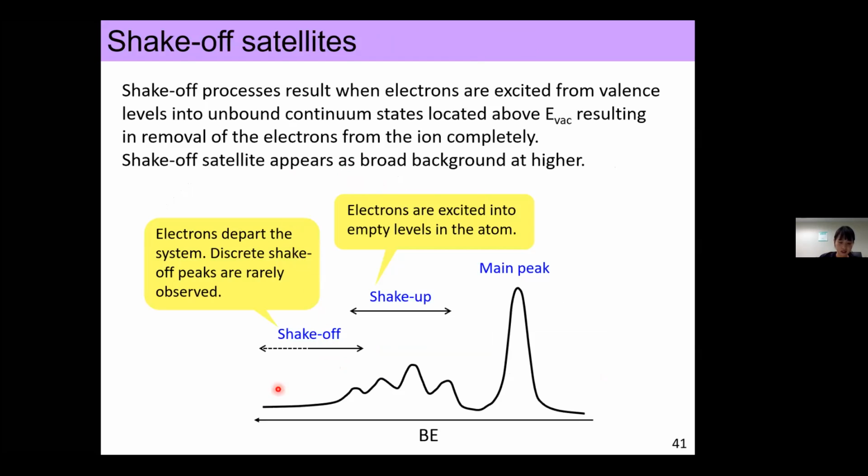Shake-off satellites appear as a broad background at the higher region. The difference between shake-off and shake-up processes lies in the fact that electrons depart the system in shake-off, while electrons don't depart from the atom in shake-up.